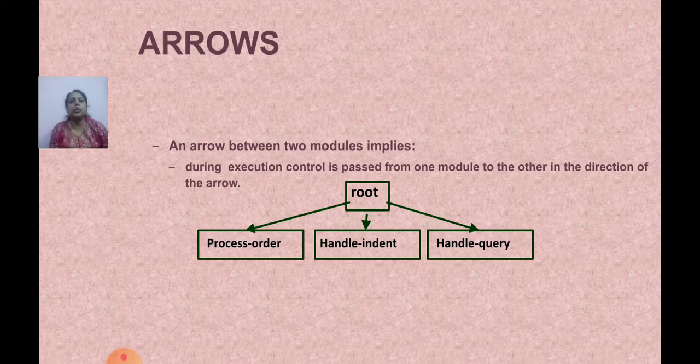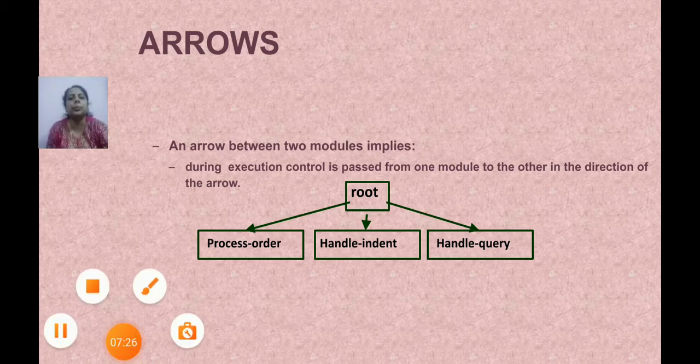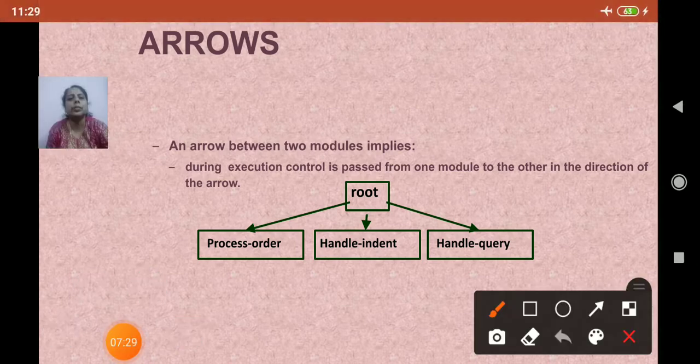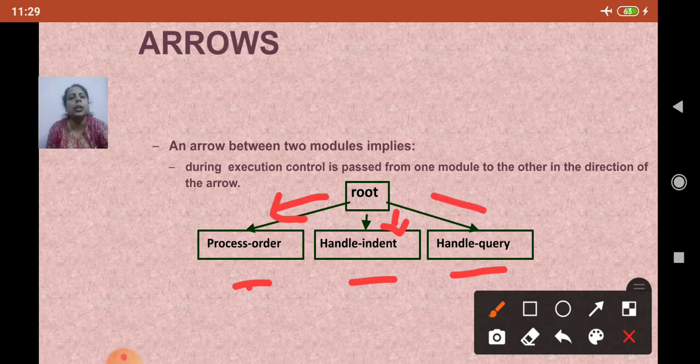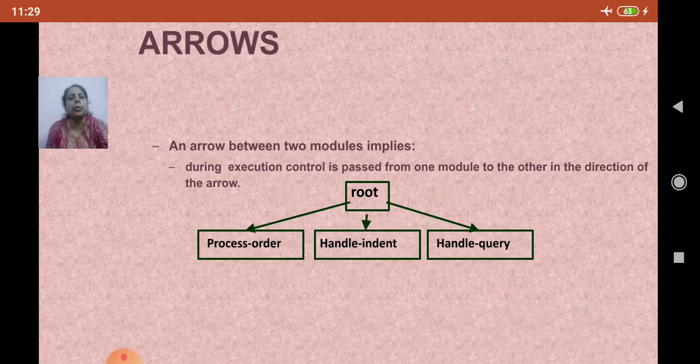The root, in this case, is the main module, from which the control passes to the 3 submodules: process order, handle indent, and handle query. The control passes from the root to process order or handle indent or handle query. These can be represented through an arrow mark.